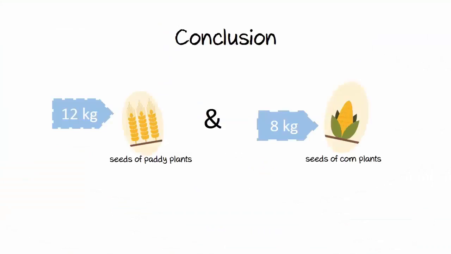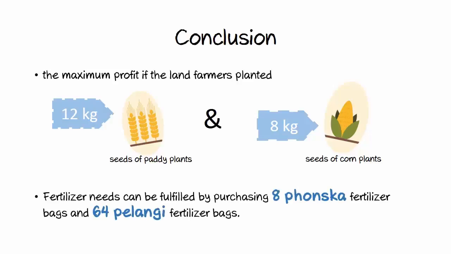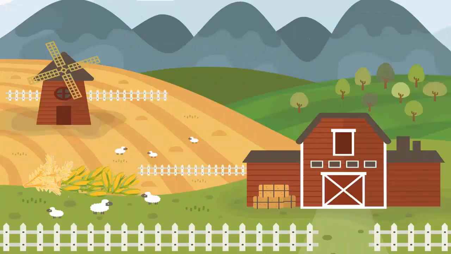So from that result, we can conclude that the farmer needs 12 kilograms of paddy seeds and 8 kilograms of corn seeds. This way we can have the maximum amount of profit. And the fertilizer that is needed is 8 kilograms of Ponska, which means every 1 kilogram is 1 sack, and 64 sacks of Pelangi.